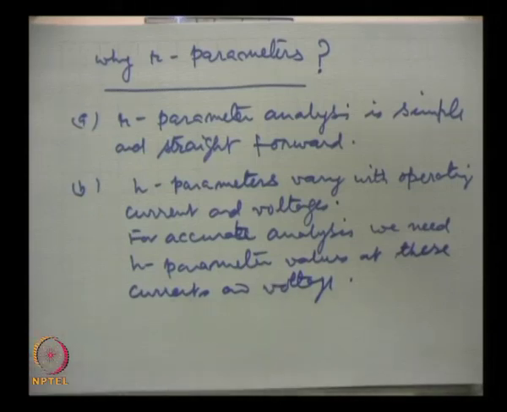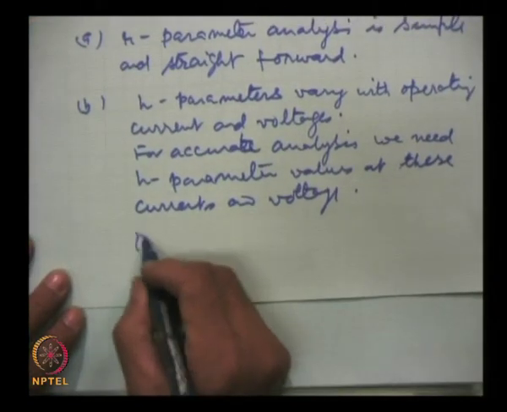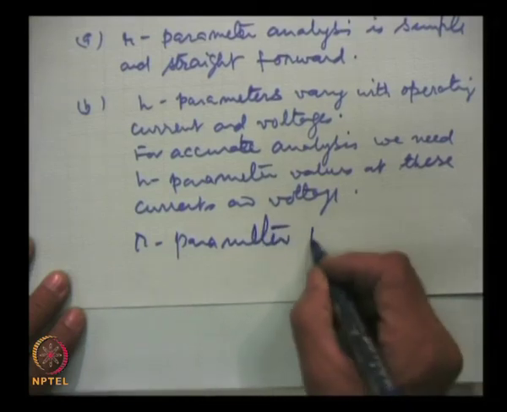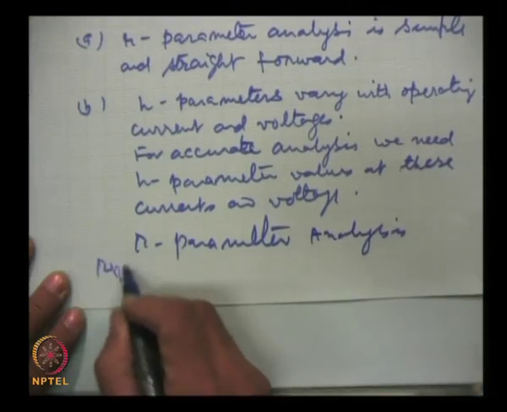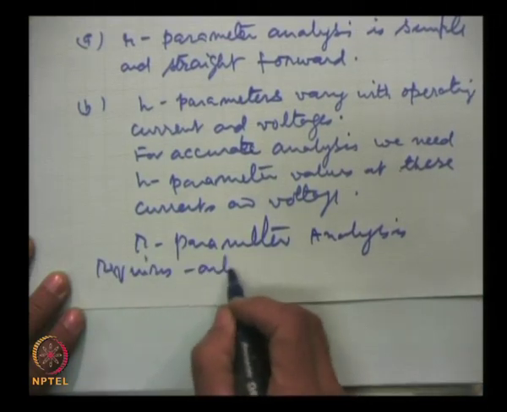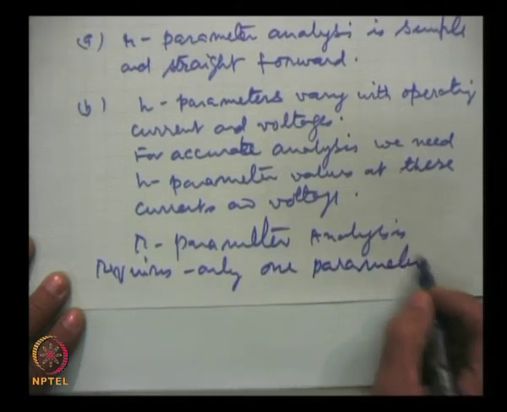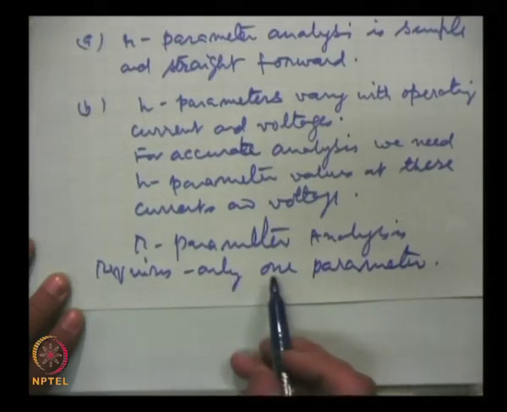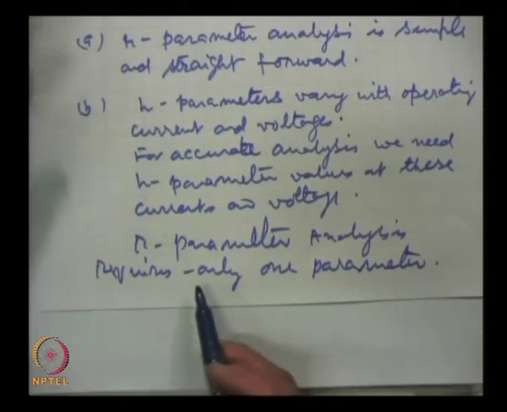The R parameter analysis, on the other hand, requires only one parameter, and this is actually calculated for the case of our circuit, and hence it is very accurate, and that makes analysis very simple.